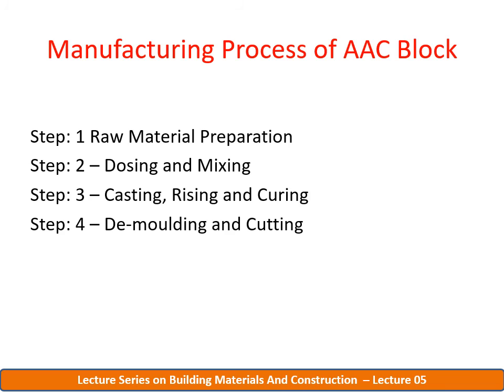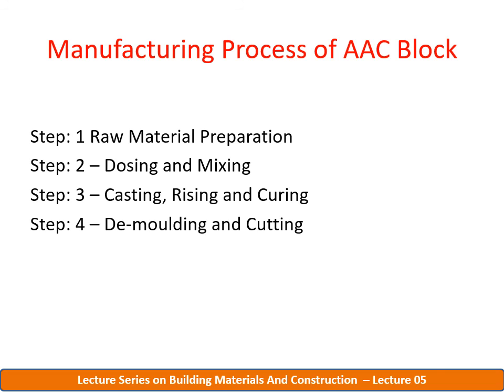So what are the advantages of autoclave aerated block? Fly ash is the main constituent of the autoclave aerated block manufacturing, which is a big problem for thermal power plant to dispose of. Reuse of fly ash is eco-friendly, that is environmental friendly, as no need of disposal of anywhere else.